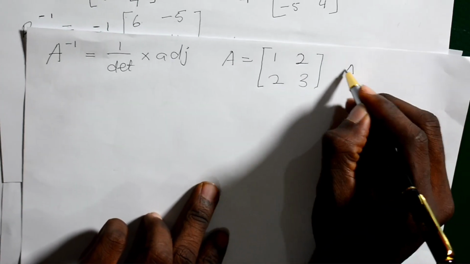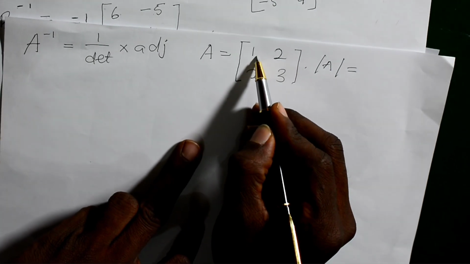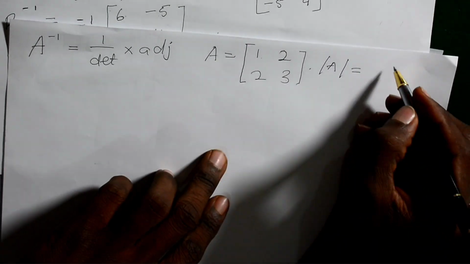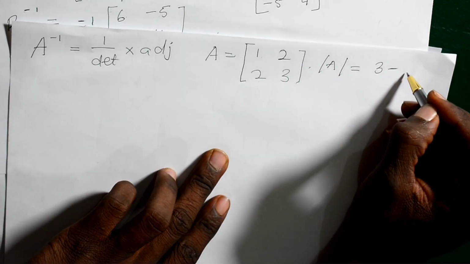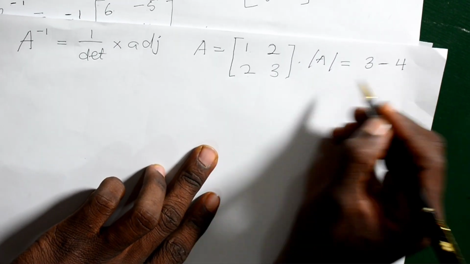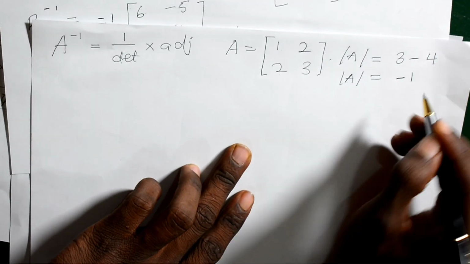So now the determinant of A will be 1 times 3, that is 3, minus 2 times 2, 4. And now the determinant of A will be equal to minus 1.